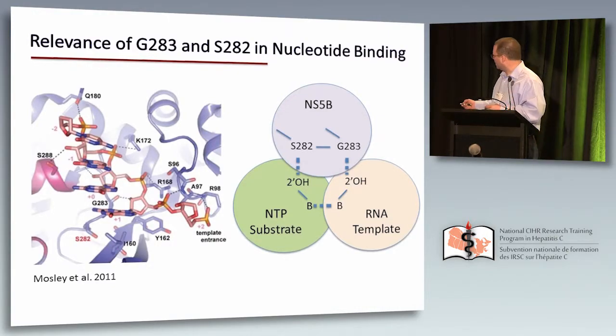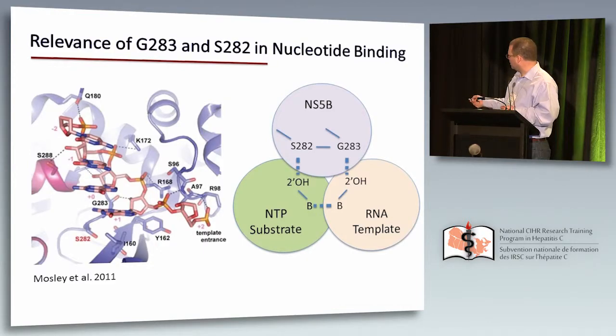So if you look at S282 in the context of NS5B, this is adjacent to G283, which interacts with the 2' hydroxyl of the templated nucleotide. Okay? So this is the RNA template here. And this is the incoming nucleotide. So S282 and G283 form a ring-like, perhaps rigid structure here with the RNA template and the incoming nucleotide.